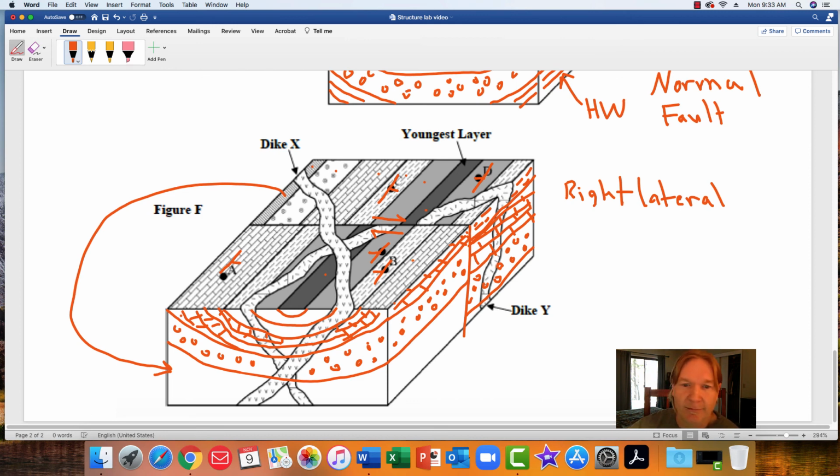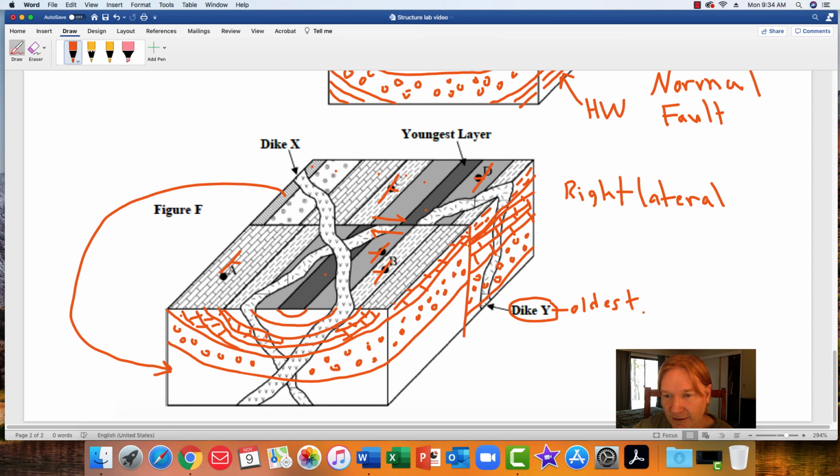All right. So let's look at these dikes right here, and then we'll look at the age of the faulting too. So the first thing that must have happened is dike Y must have come in and continued all the way over here. Okay, so this guy would be the oldest. And then it was offset by this right lateral fault because it's cut by the fault right through here.